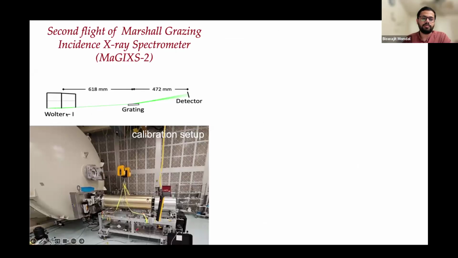We have X-ray optics, a grating assembly that disperses the incident X-rays, and a detector at the end. This is how the whole MaGIXS telescope looks. This is our calibration setup at NASA Marshall, where this is a vacuum chamber and this is a beam line, and the instrument is attached to the beam line.